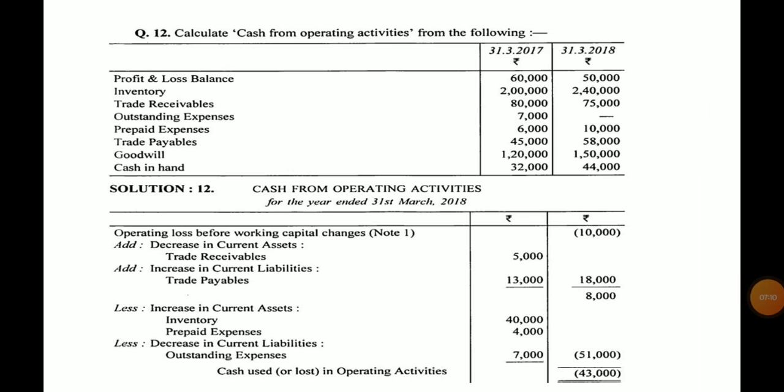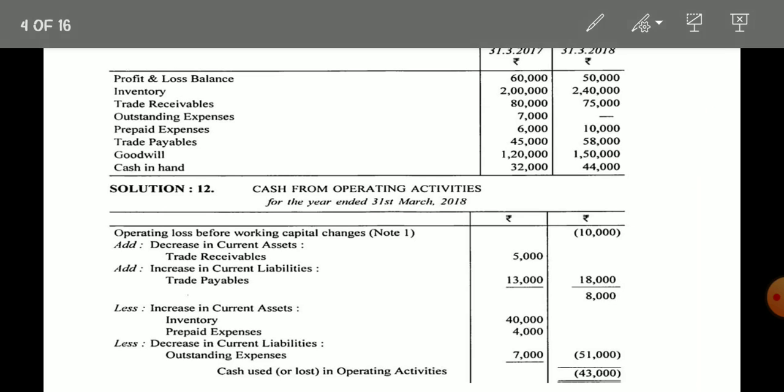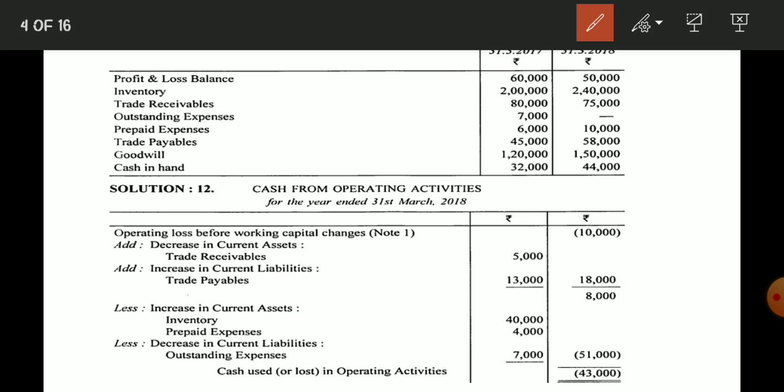Now the next question is to calculate cash from operating activity from the following, right? Simple. First of all you have to calculate operating loss or profit before working capital changes. So check, profit and loss balance is given and general reserve is not given.